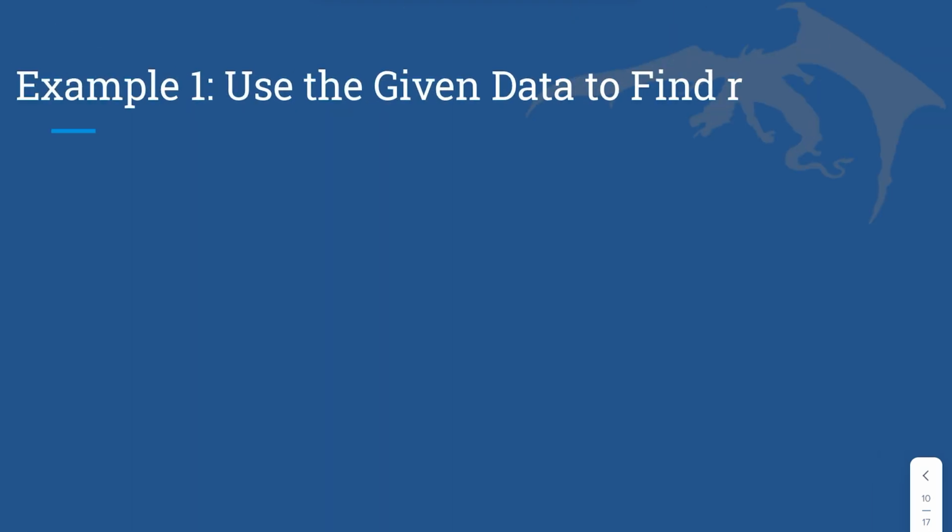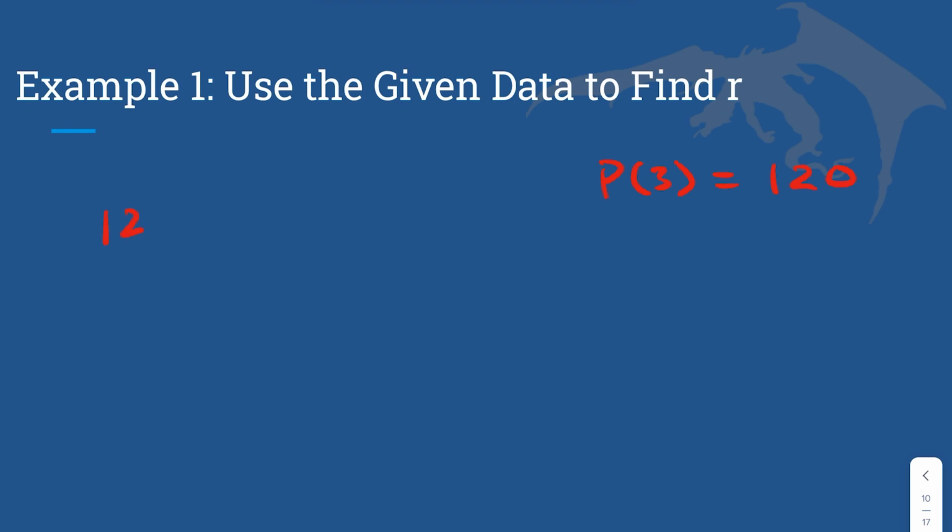Now, we're going to use the given data that we have to find r. We know that after 3 years, our population is 120. So P of 3 equals 120.